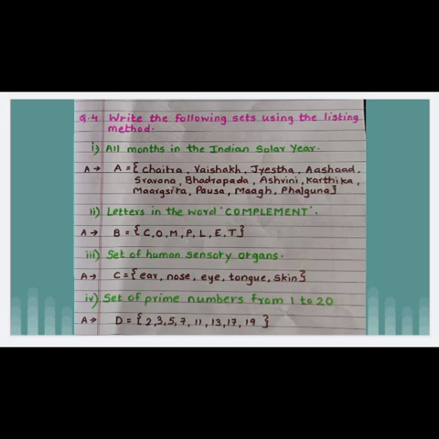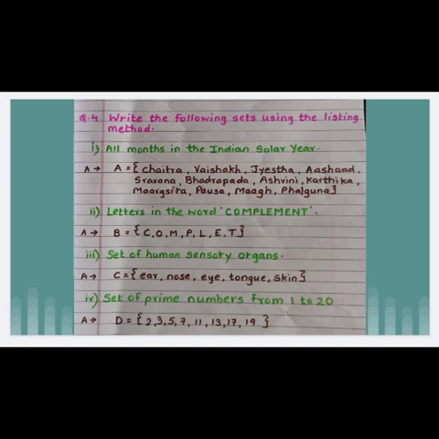Next one, set of human sensory organs. To show this set, we are using here capital C is equal to, as you know, we have 5 sensory organs: ear, nose, eye, tongue, skin. Curly bracket close. Next one, set of even prime numbers from 1 to 20.